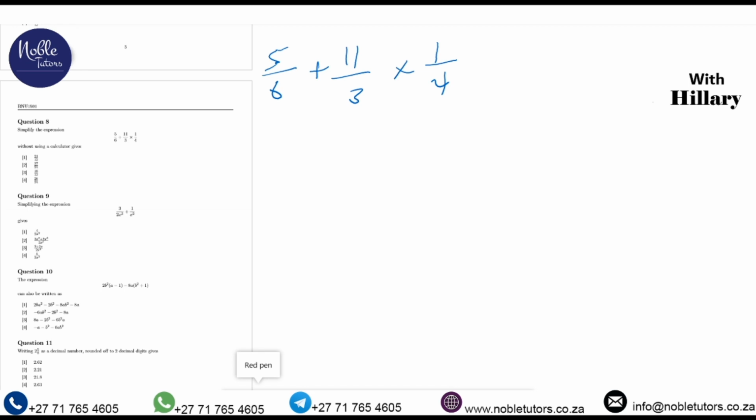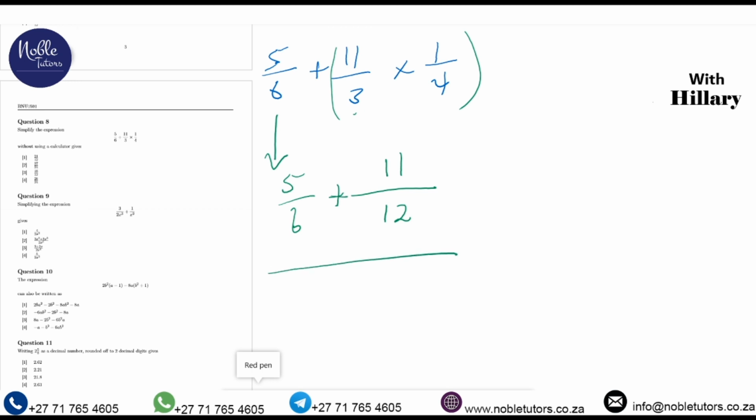So what we do, we first have to multiply the multiplying fraction, which is 11 times 1, which gives us 11, over 3 times 4, which will give us 12. Then we will bring down this fraction, which is 5 over 6 plus. Now, because the fraction is adding, we look for a common denominator, which is the lowest common multiple between 6 and 12, which is 12.